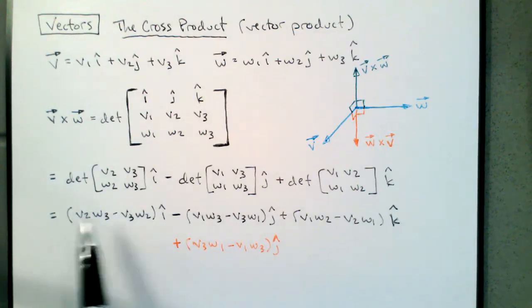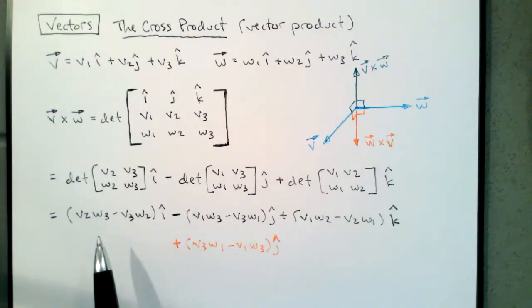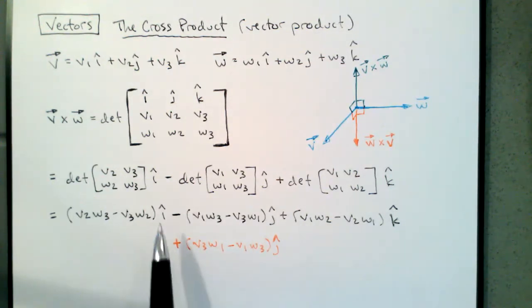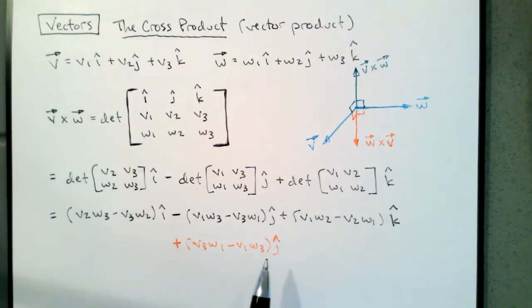You might want to remember them all as plus and just remember that the middle one is the reverse. So 2, 3, 3, 2, 3, 1, 1, 3, 1, 2, 2, 1. I'm not sure what's going to click best in your mind to help you make this calculation. The only way to find out is you've got to try them both.